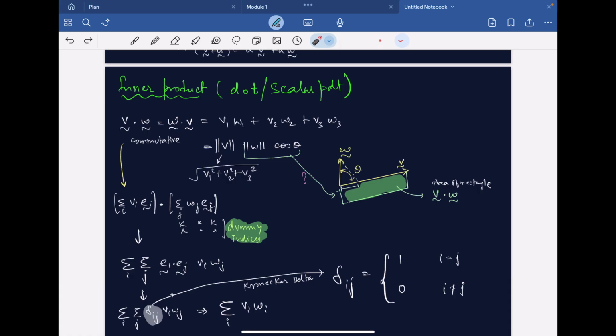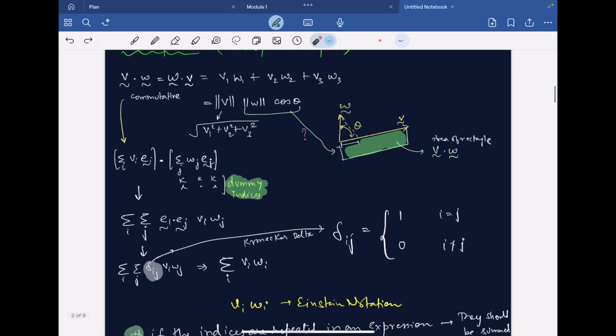Now, coming to the index or Einstein notation, you can expand v as the summation of vi ei, and w as the summation of wj ej. You can write these two with different indices, just keep them separate so that you can later merge them. So let's say you chose j for this and i for this.